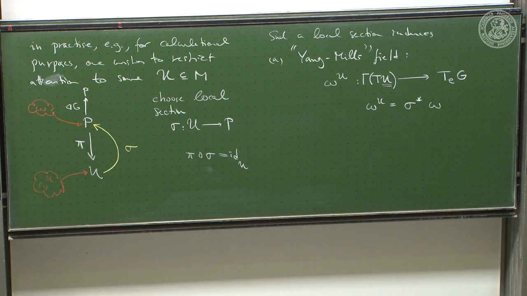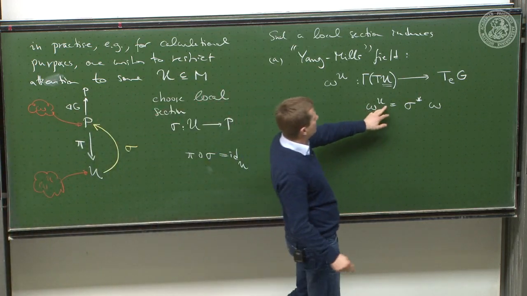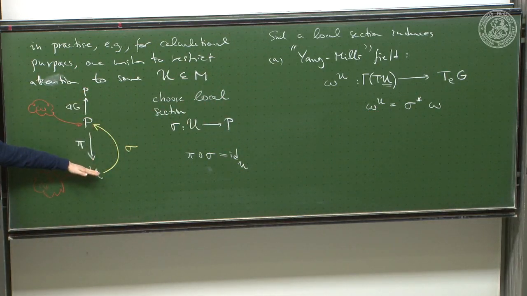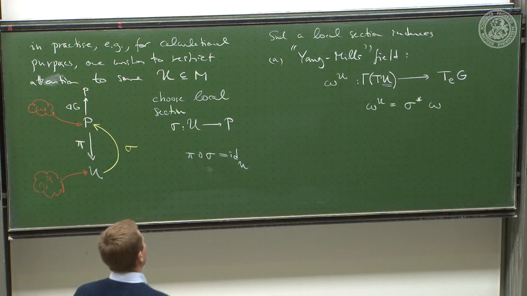So this Yang-Mills field, omega U, lives on an entirely different level in this picture. That's important to realize, okay? So this is called a Yang-Mills field.